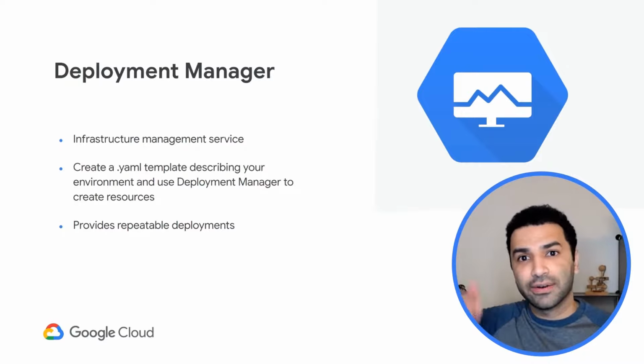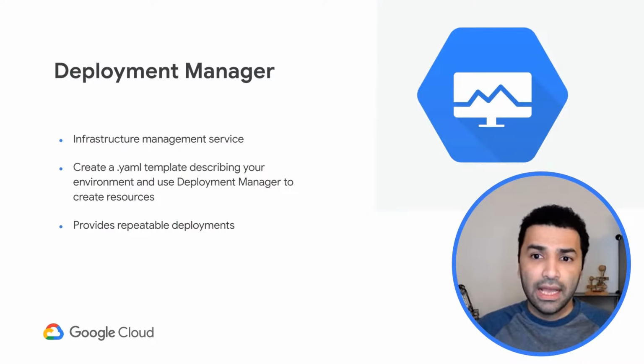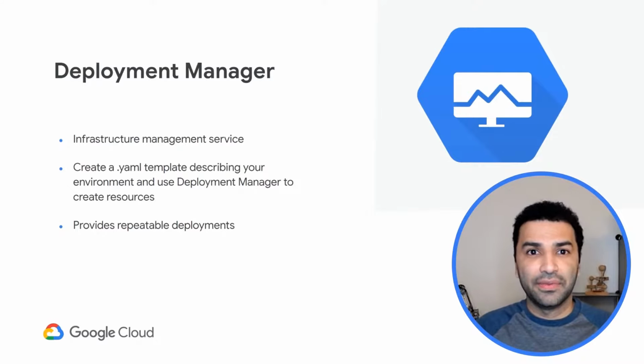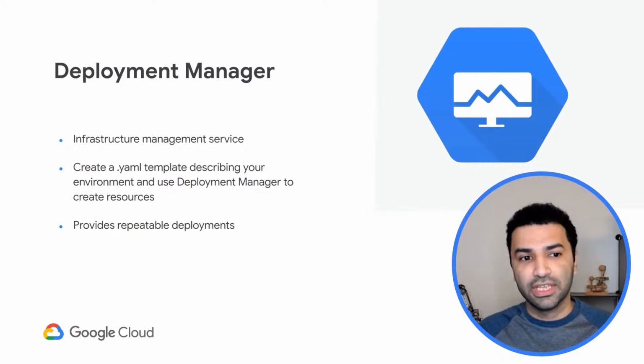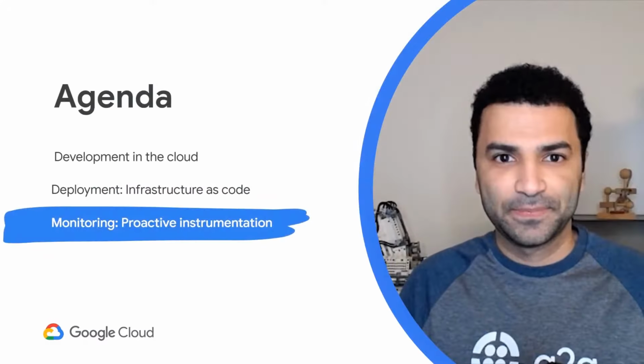Whenever you are upgrading to a newer version, you can understand what has gone exactly into your system. Nevertheless, you can revert back to an older version if needed. Google Cloud does support Terraform as well as other third-party tools. So if that's what interests you, all of them are supported, but the native software that exists inside Google Cloud is Deployment Manager.